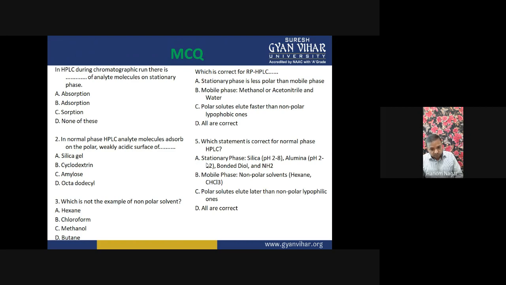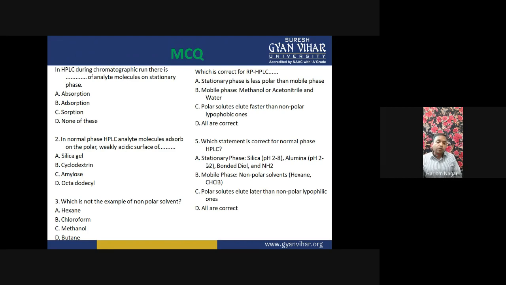Why is this so? Because polar solutes elute later. Why do polar solutes elute later? Because the mobile phase is non-polar. If the mobile phase is non-polar, then polar solutes interact only weakly with the mobile phase, and they interact strongly with the polar stationary phase, that is silica, alumina, bonded diols.